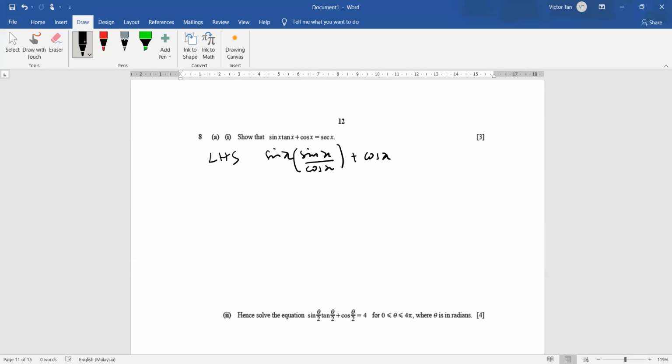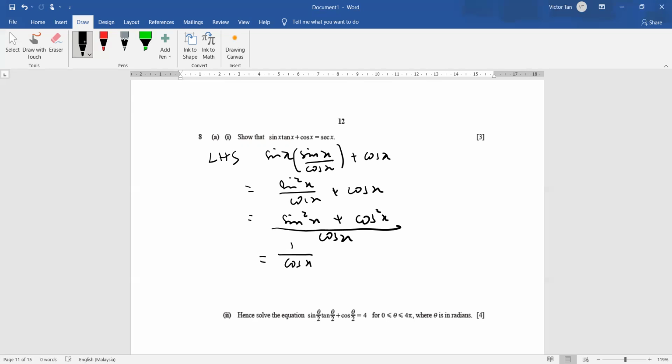Plus cos x equals sin squared x over cos x plus cos x, making it into a single fraction. Sin squared x plus cos squared x is 1, so you get secant x. That's it. Shown.